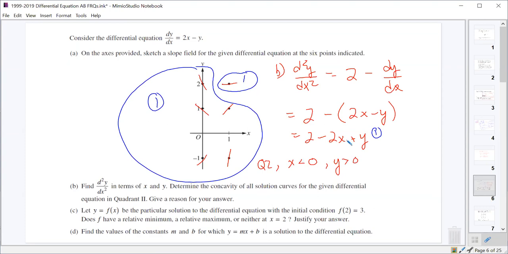And if x is less than 0 and y is greater than 0, that tells you that 2 minus 2x plus y is always greater than 0. And so if the second derivative is always positive, that will tell us that it is always concave up. Good or no? Any questions on part B?